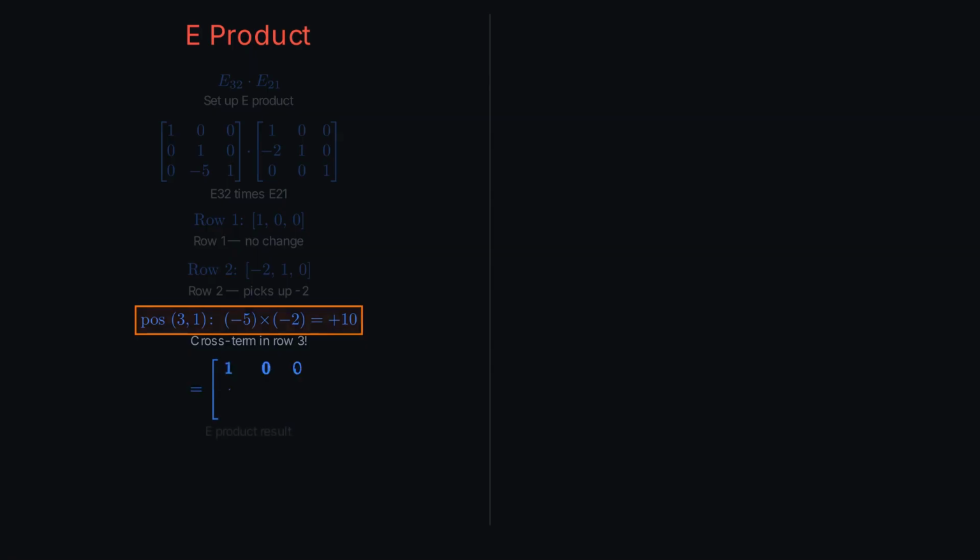So the E product is 1, 0, 0 on top, -2, 1, 0 in the middle, and 10, -5, 1 on the bottom. That 10 is a parasitic cross term. It's an artifact from one elimination matrix corrupting another's multiplier, and this is the problem with multiplying E matrices directly.